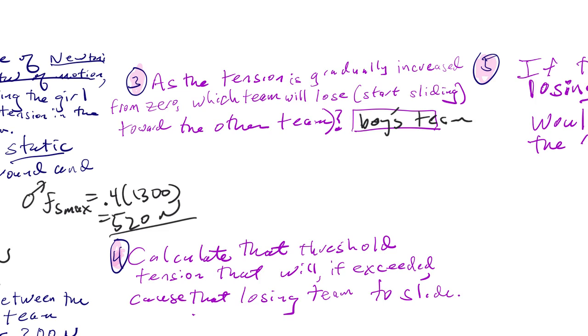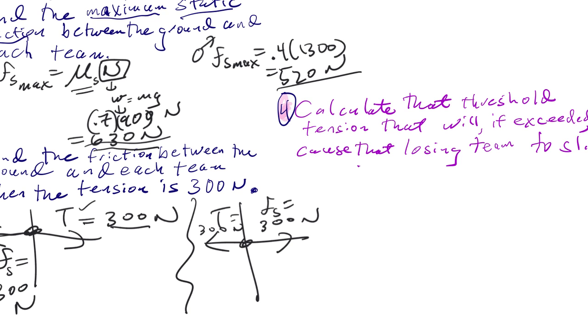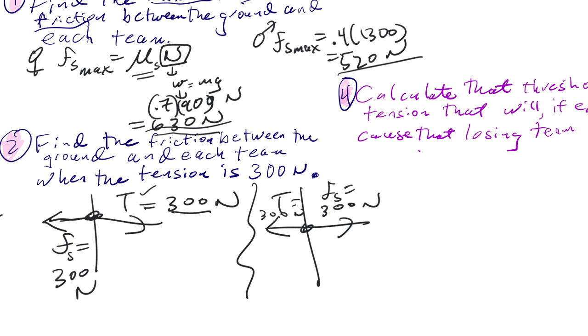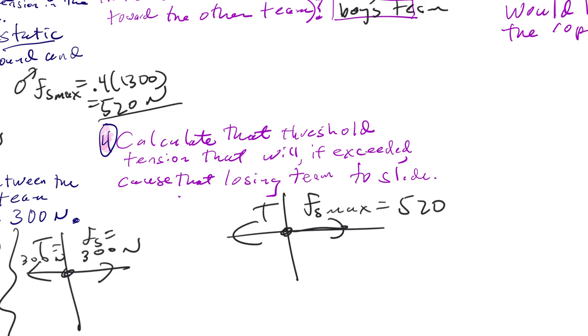Now think about it. Once it passes 520, the girls will still be at rest because they can resist up to 630. But once it goes past 520, the boys are sliding. Calculate the threshold tension that will, if exceeded, cause that losing team to slide. Okay, so the boys can only withstand a static friction max of 520.